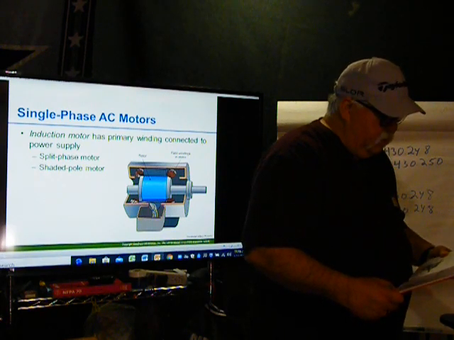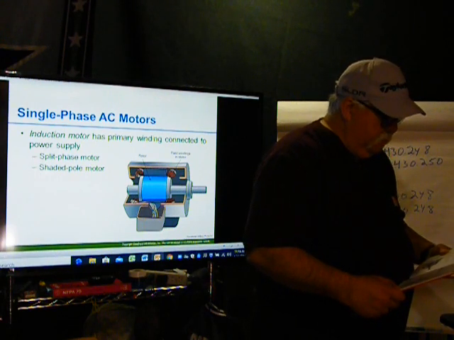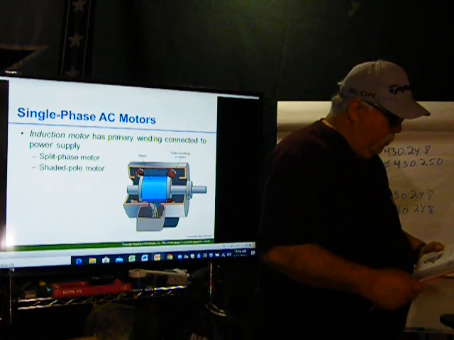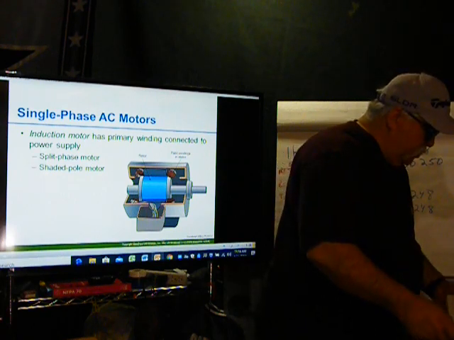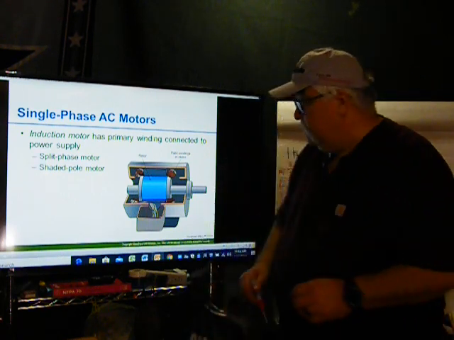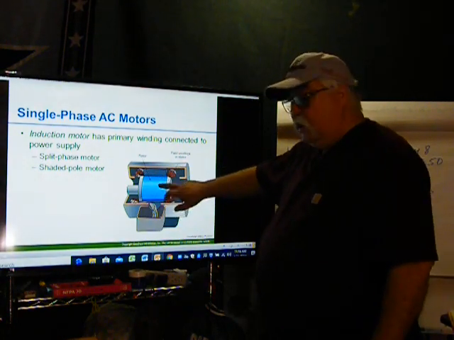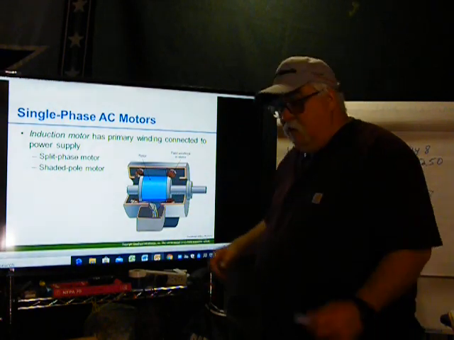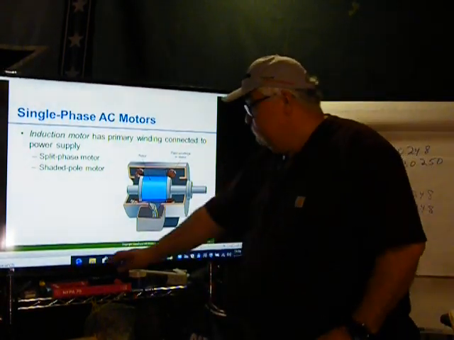Unlike other motors, induction motors have no physical connection between the energy source and the rotor. And the current used by the rotor is derived from the electromagnetic induction from the stator windings. So again, these windings create that magnetic field that turns the rotor. So there's no physical connection between the two. That's your average motors that we use.